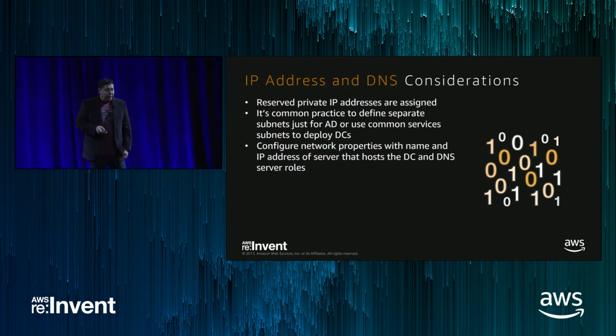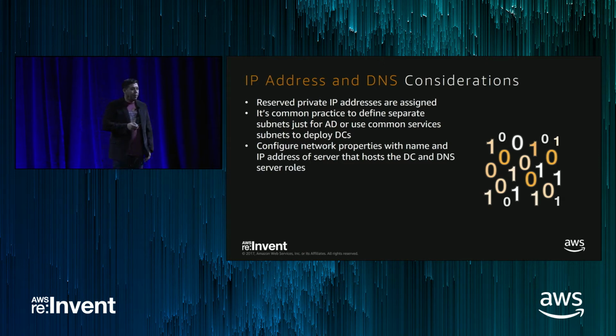Now, IP addresses and DNS are also important to take into consideration. When an EC2 instance is launched into a VPC, a reserved private IP address is automatically assigned by the DHCP service within that VPC. It's common practice to configure or define separate subnets just for Active Directory for those instances to use, or use common services subnets to deploy domain controllers.